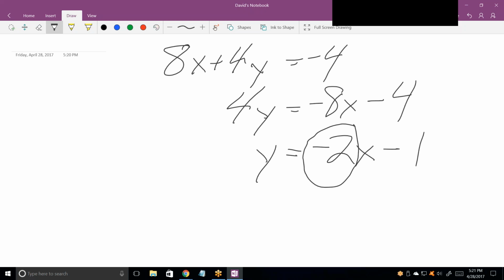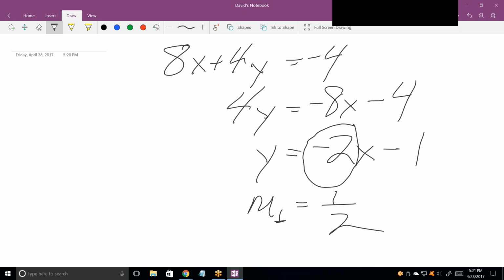There's the slope of this line. Perpendicular. What's the slope of the perpendicular? You have to do two things. It's the opposite reciprocal. So what is that? Positive 1/2. Yes, always remember you have to do two things. You have to change its sign and you have to flip it.